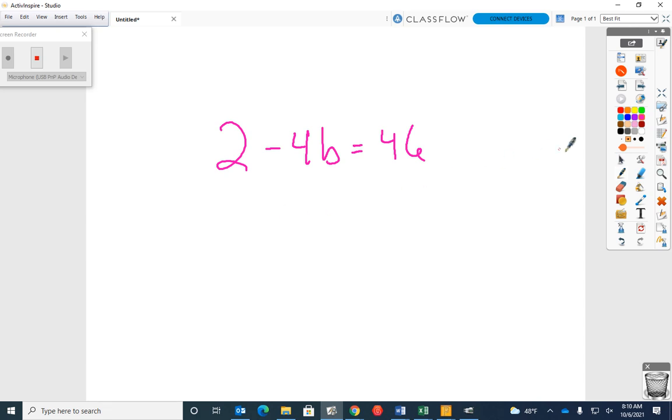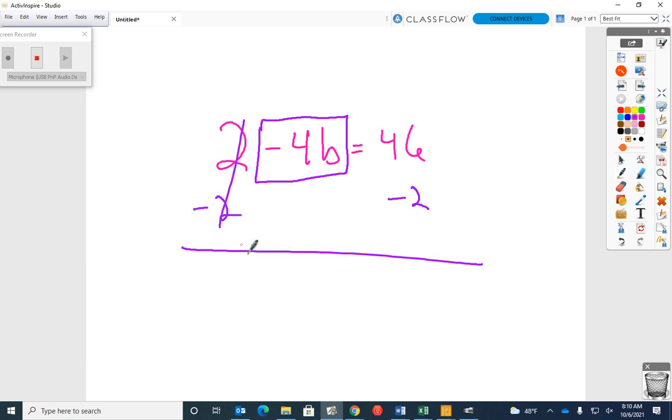So when we use our box on this one, should I do this? Why? Because I would just have a negative floating out here, wouldn't I? Okay, so what should I do? If I make my box, I should include this, correct? Okay, so what's happening with this 2? What kind of 2 is that? It's a positive 2 because there's not a negative sign, right? So what do I do? How do I get rid of a positive 2? I subtract 2 and I subtract 2.